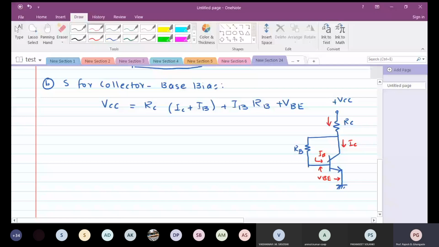If you apply KCL at this point, the current flowing out here is IB and here it is IC, so I have this as IC plus IB.